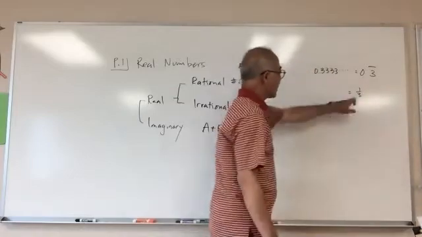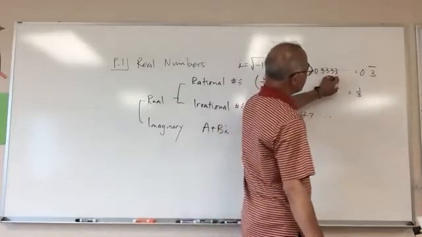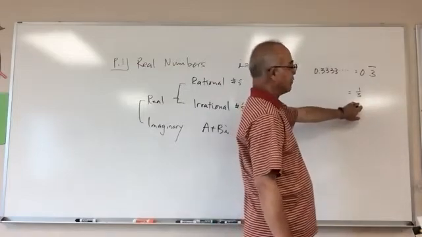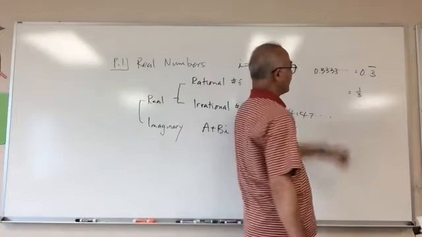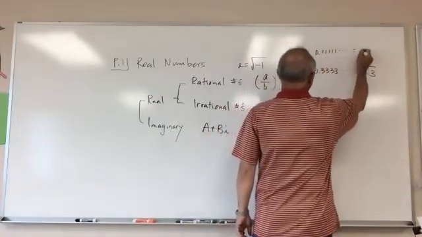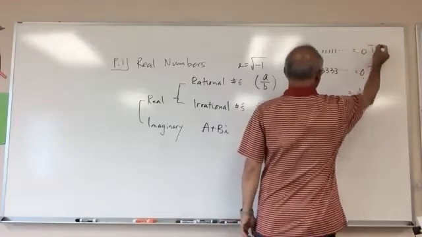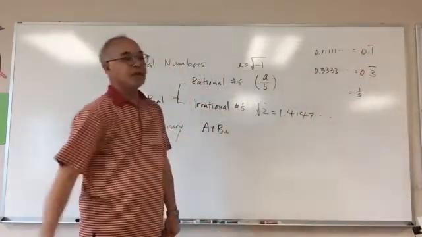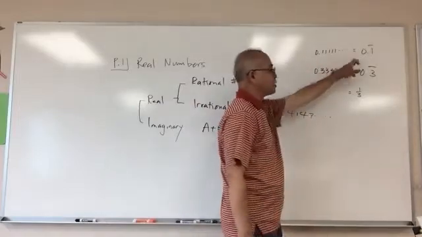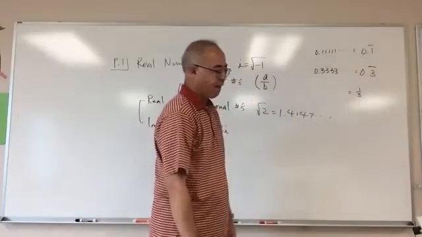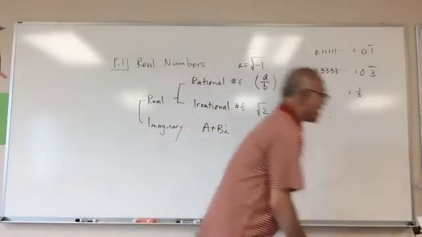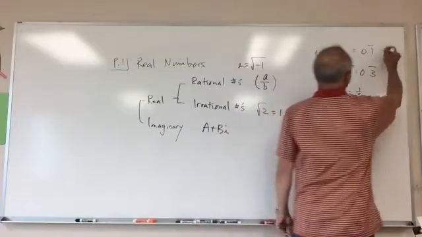So this is a repeating decimal, which actually is a fraction. What about 0.1111? 0.1 repeating is what? Anybody tell me what this is as a fraction? 1/9. Good answer.